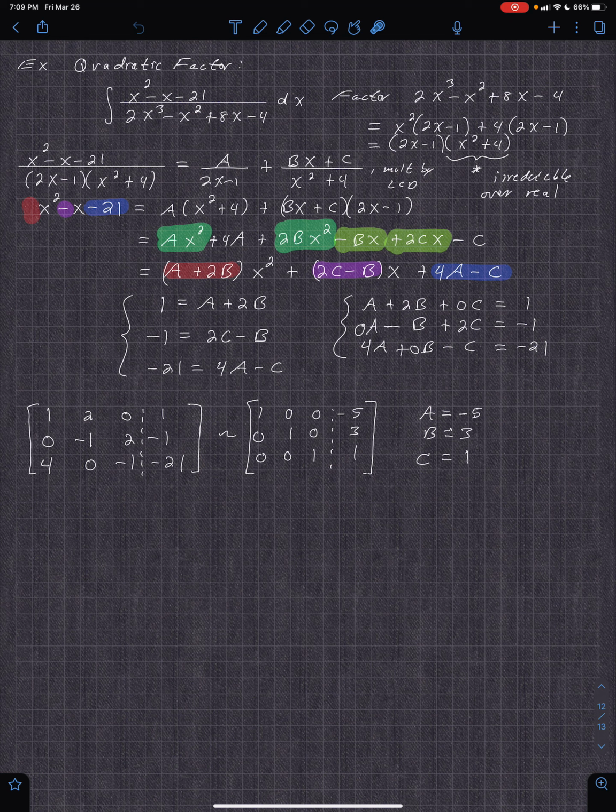If you don't do something like that, then I would just take this thing and solve. You can isolate A and plug it in here, and then you end up with B and C, and then you use that to solve with this one, and you can eliminate or something like that.